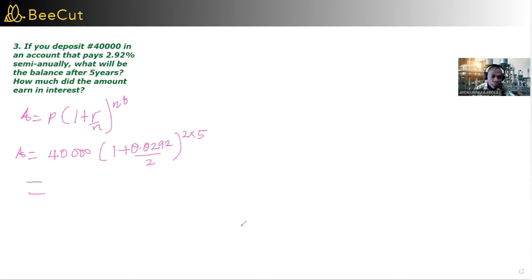So this is going to be the 40,000 into 1 plus 0.0146, then raised to power 10.